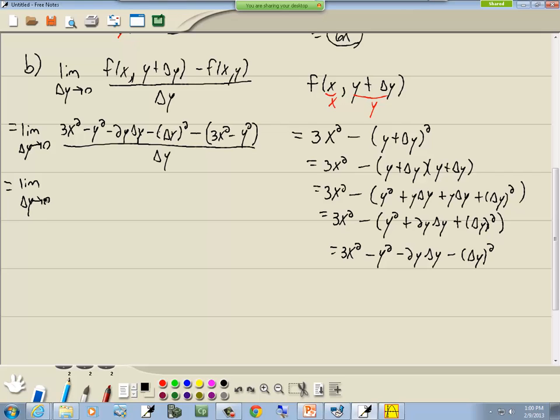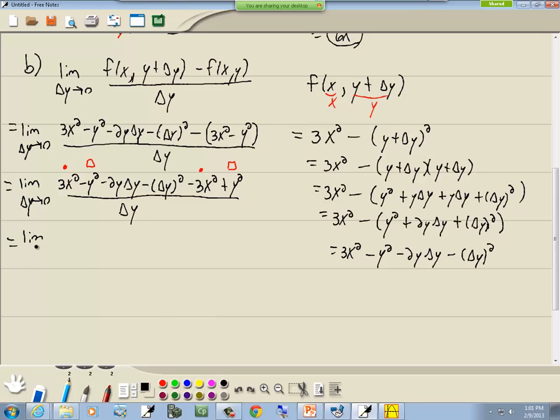Well, again, a negative in front of your parentheses is going to flip the sign of everything inside, so all the rest of this just carries down. And then this becomes a negative 3x squared plus y squared over delta y. Combine together like terms. 3x squared minus 3x squared drops away. Negative y squared plus y squared drops away.